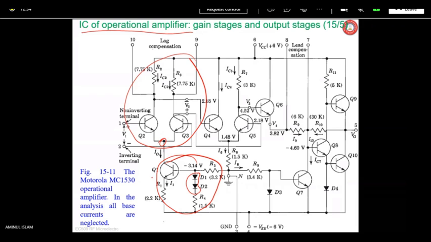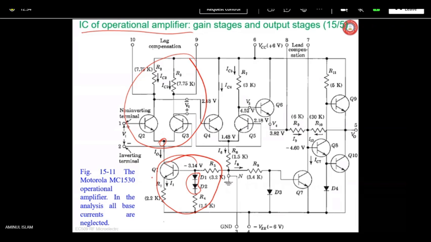So we find that IC7, this current flowing at the collector of Q7, is almost equal to I8. See, I8 is this current flowing through R8. This is R8, this is the neutral point, and I8 is flowing in this direction.